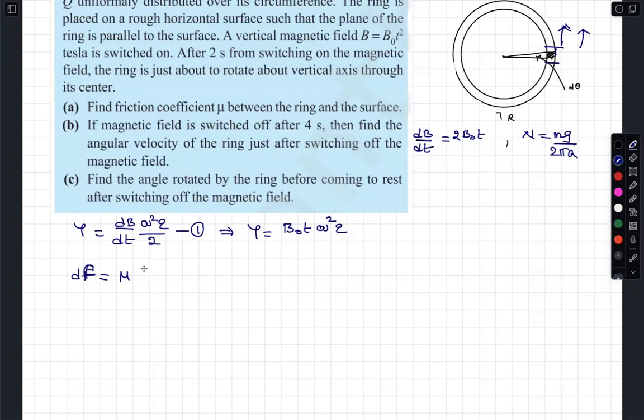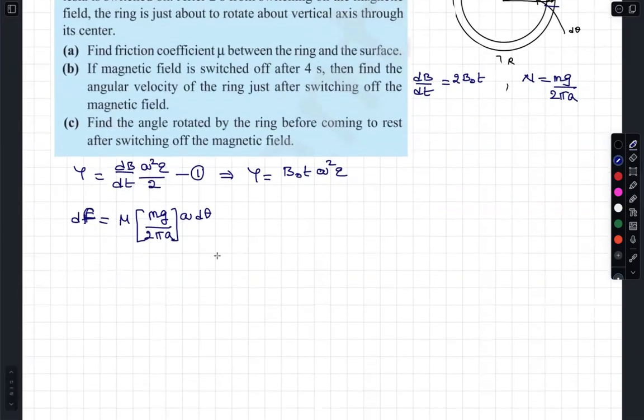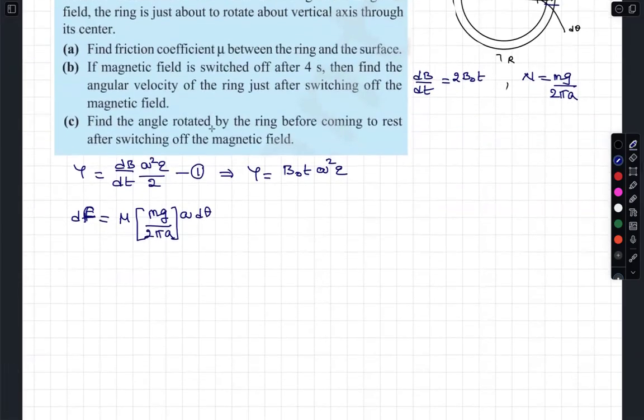The friction force at an element is mu times mg/2 pi a into a d theta, which is the normal reaction part, and into a gives torque.